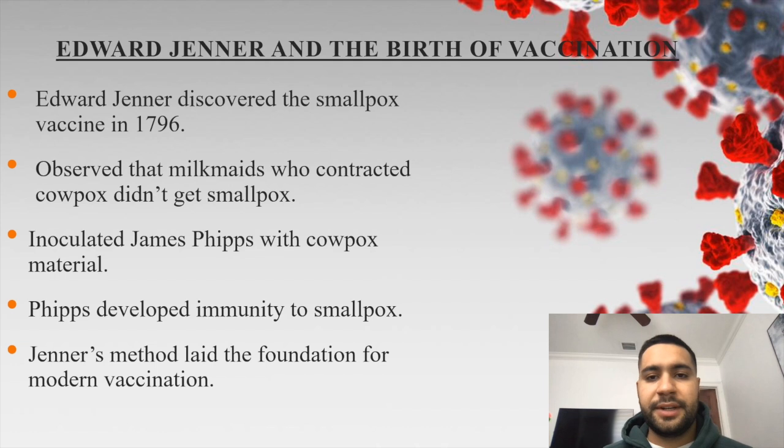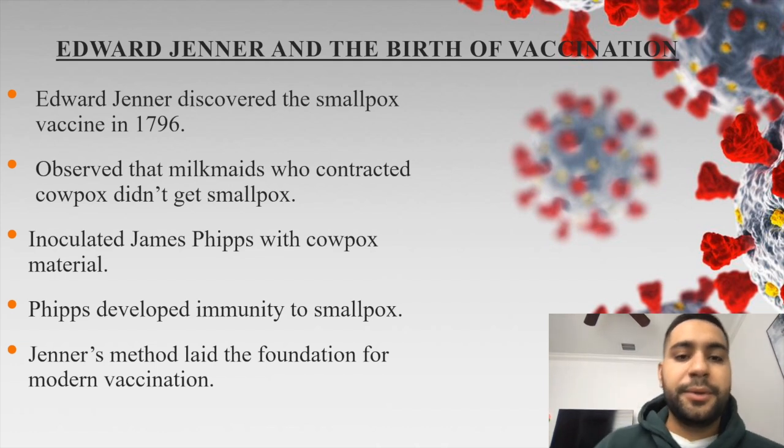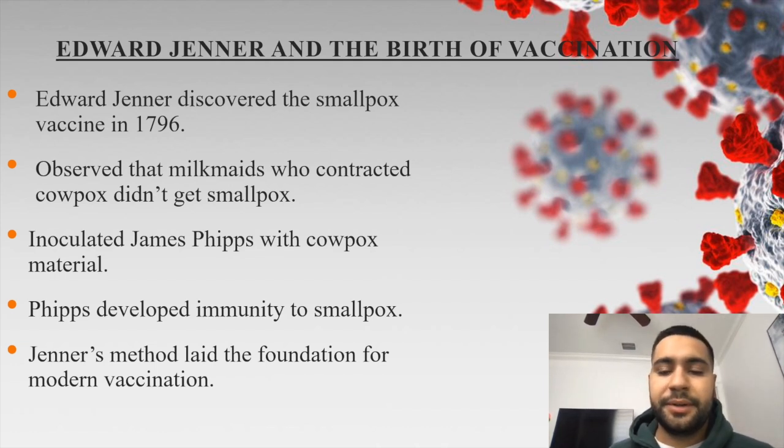We are first going to talk about one of the most important turning points in medical history, the medical work of Edward Jenner in 1796. Jenner was an English country doctor who made a remarkable observation. Edward noticed that milkmaids who had contracted cowpox did not seem to catch smallpox, which at the time was causing multiple deaths around the world.